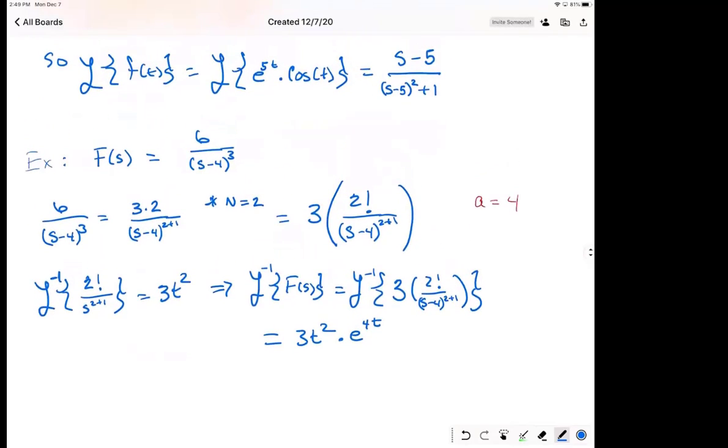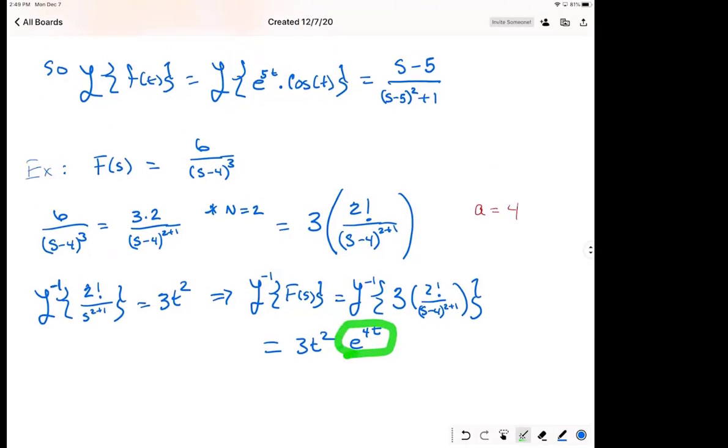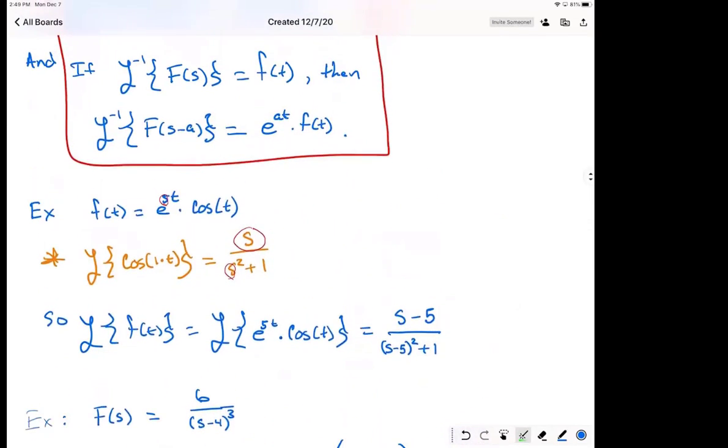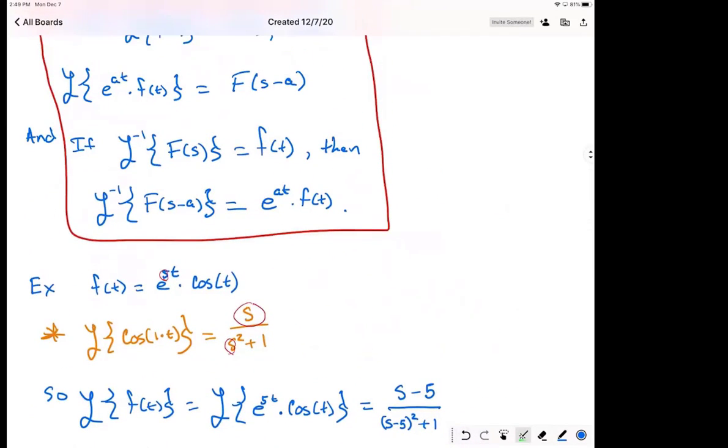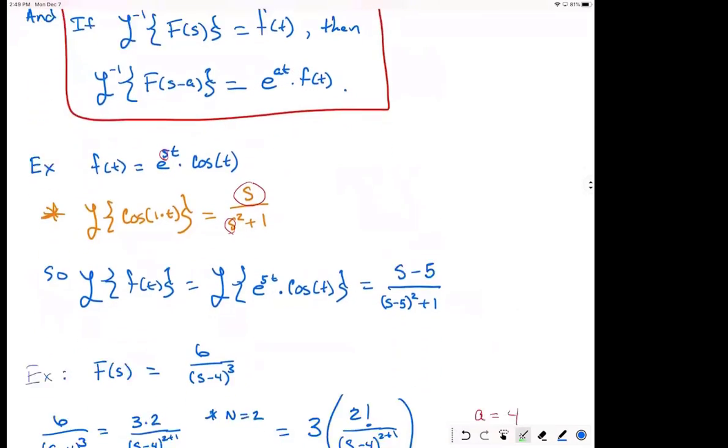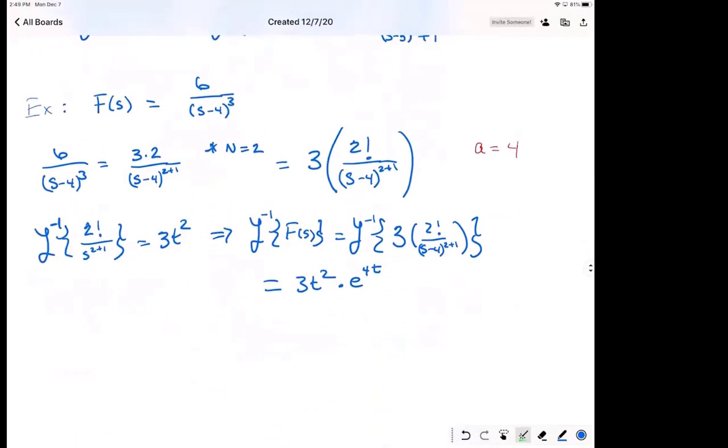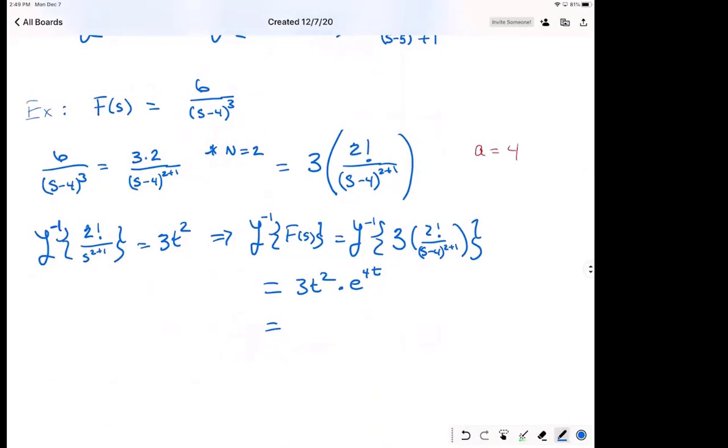Now, I've written that in a different order than what we wrote up above. We wrote the e to the at out front and then multiplied by the f of t. But it's the same. I've just written the e to the at on the other side. So if I wrote it in the way that we wrote it in the theorem, I'd have e to the 4t times 3t squared.